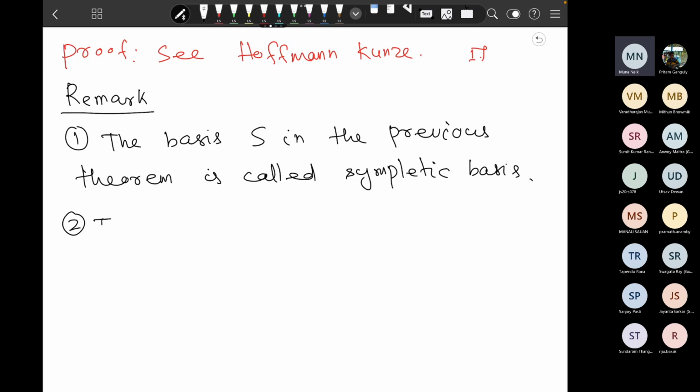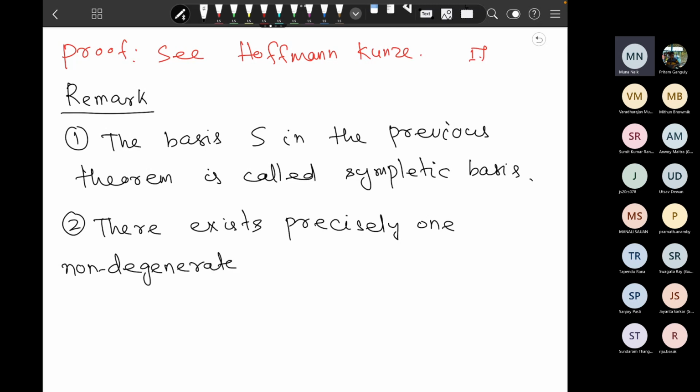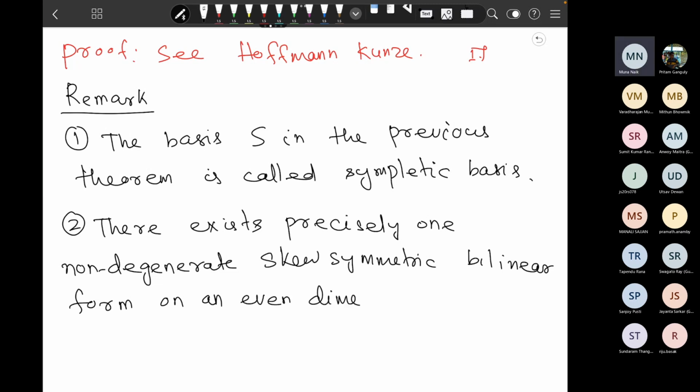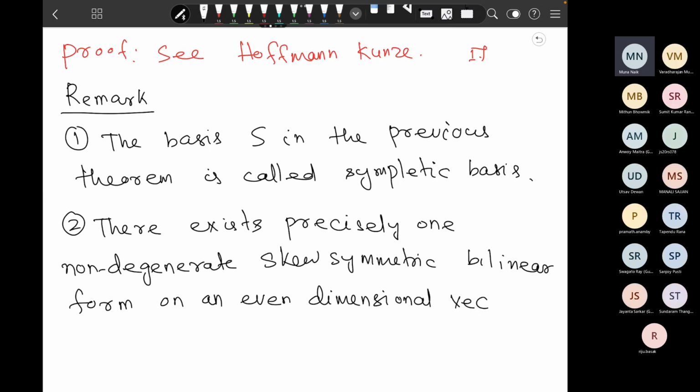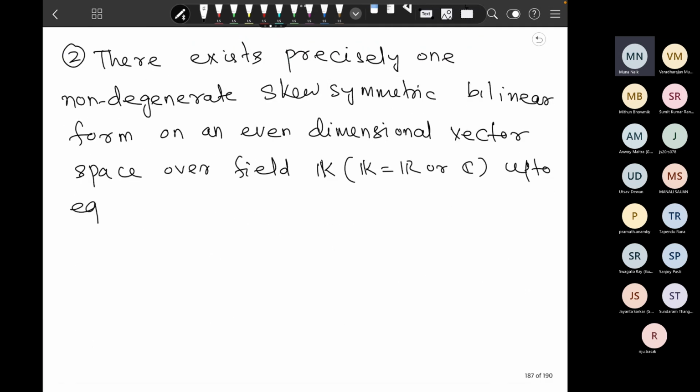Second, there exists precisely one non-degenerate skew symmetric bilinear form on an even dimensional vector space over a field K, where K is either R or C, up to equivalence. So this is the same thing.